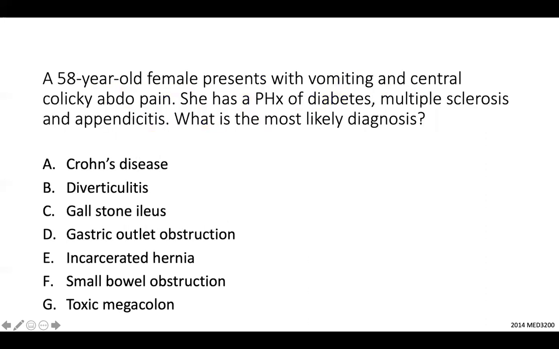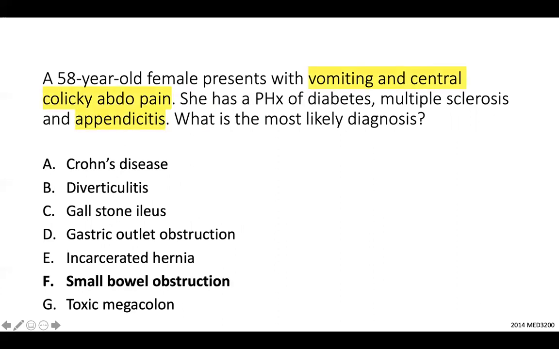Okay, let's move on. Vomiting, colicky abdo pain, like random stuff. This is weird. Yeah, so some people are saying gastric outlet obstruction. I'm not too sure on this one.